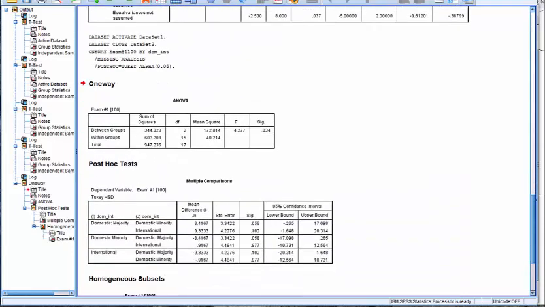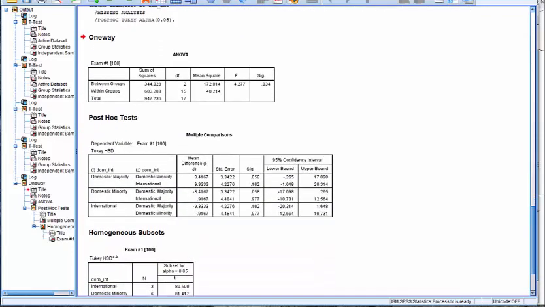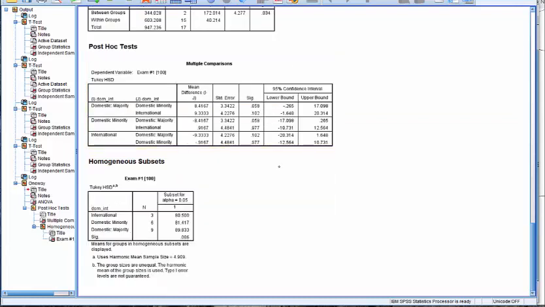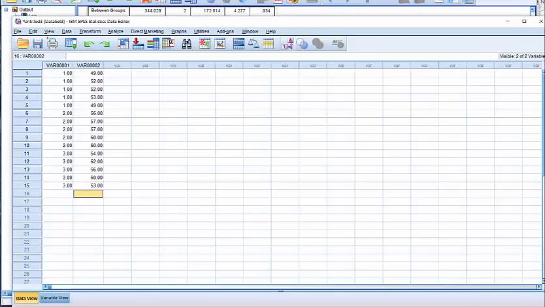So the key to this, of course, is this big ANOVA result, and you see it looks exactly like the kind of table that we did before. Okay, so here I've replicated the data that we put in by hand just a short while ago, and you can see that variable 1 is the different groups.